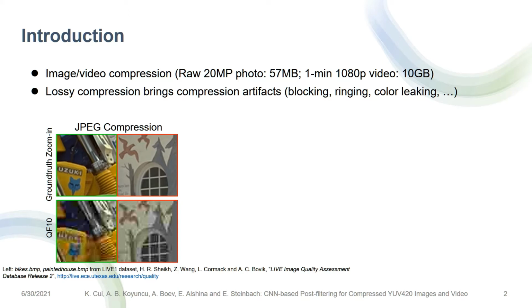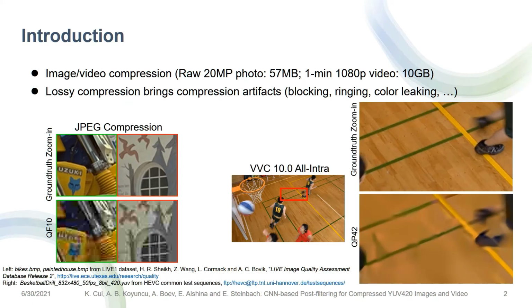From the zoomed-in patches, we can see a lot of visible blocking and ringing artifacts. The right-hand side figure shows a video sequence compressed by the latest video coding standard, VVC. From the zoomed-in patches, we can observe some color leaking artifacts and also ringing artifacts. These artifacts degrade the visual quality of the image and also the performance of computer vision tasks.